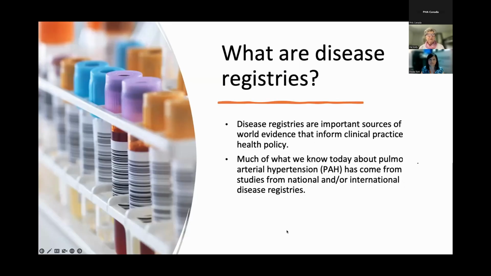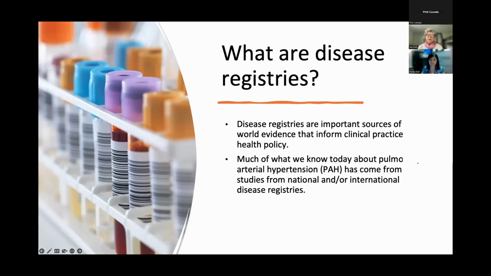So I thought we'd start with just a simple explanation of what disease registries are. They are important sources of real-world evidence, and by that we mean that the evidence often collected in clinical trials is very structured and very defined.